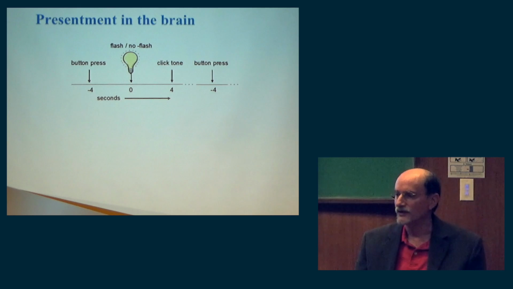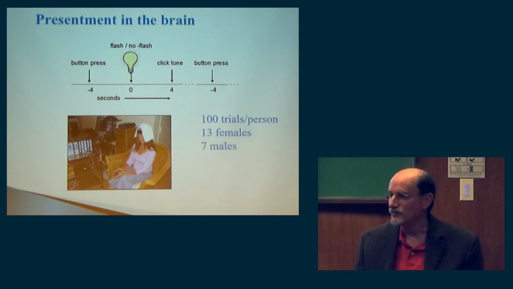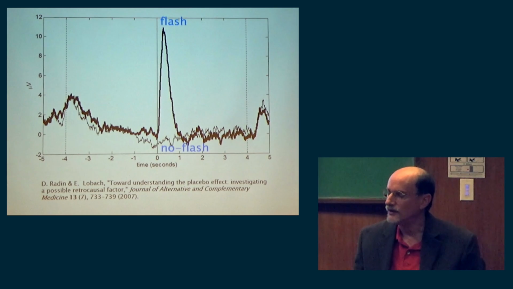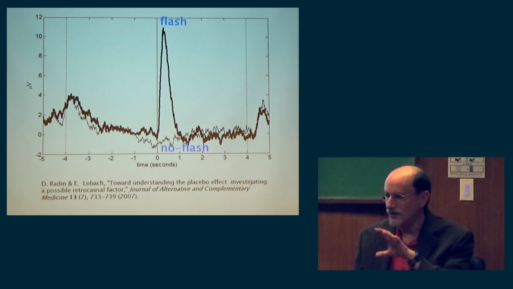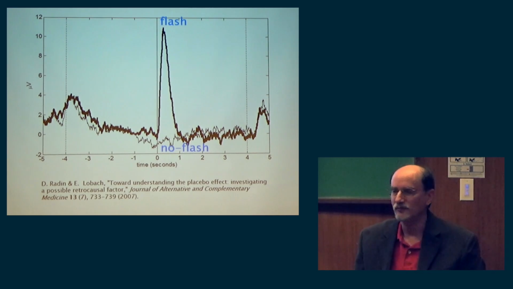We've done this now in the brain where instead of using pictures, we just use whether a light flashes or doesn't flash. So there's a picture of somebody in the lab doing the experiment. There's a picture of the brains of the women in the experiment. The women saw a light flash, their brain has a big response, it peaks at around 300 milliseconds, it's very well understood.